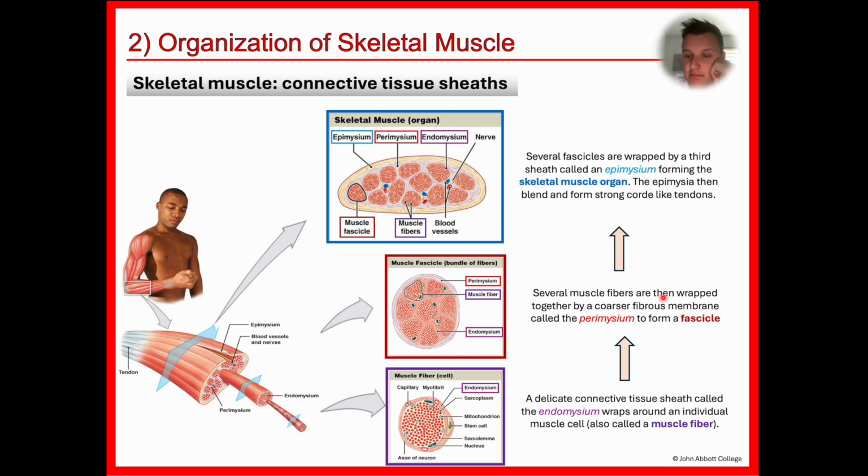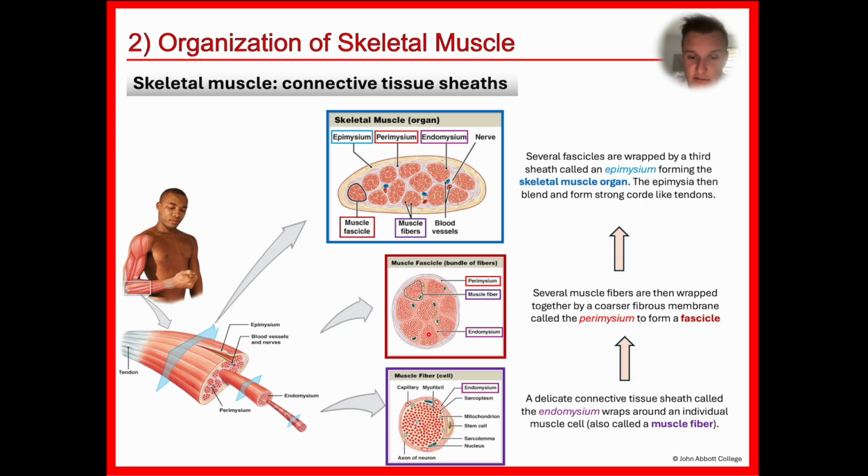So several muscle fibers are then wrapped together by a coarser, harder fibrous membrane called the perimysium. Peri is always the middle layer. So the perimysium is the middle connective tissue layer, this connective tissue here, right? And this is one fascicle. One fascicle has many muscle cells inside. This one, you see its nucleus, and many myofibrils. Its nucleus, many myofibrils, nucleus, many myofibrils.